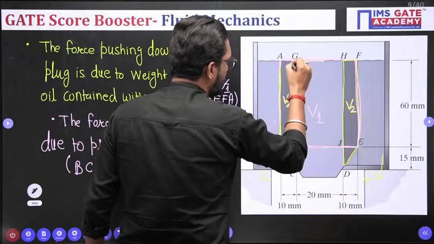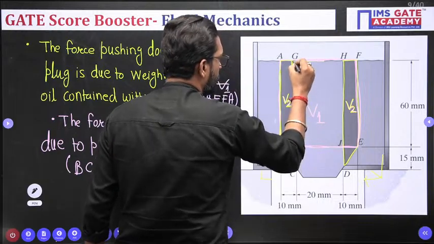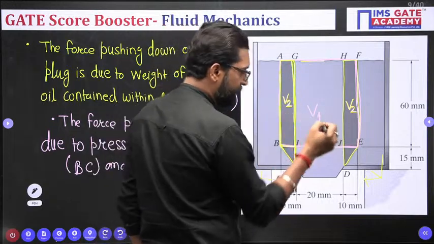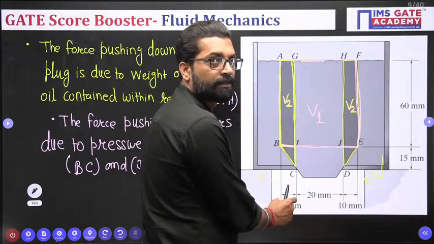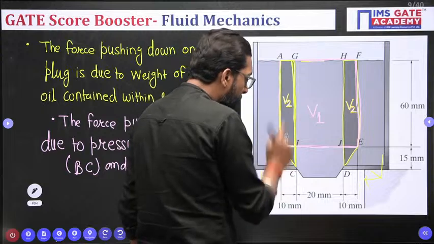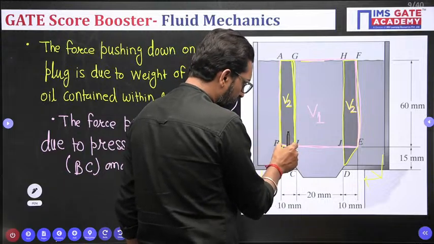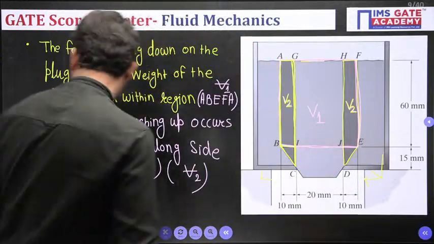If you find this volume, first is the rectangle. What is the area? Width is the same, so 60 into 10, plus the area of this triangle, half into 10 into 15.5. Clear now? So there are two portions.